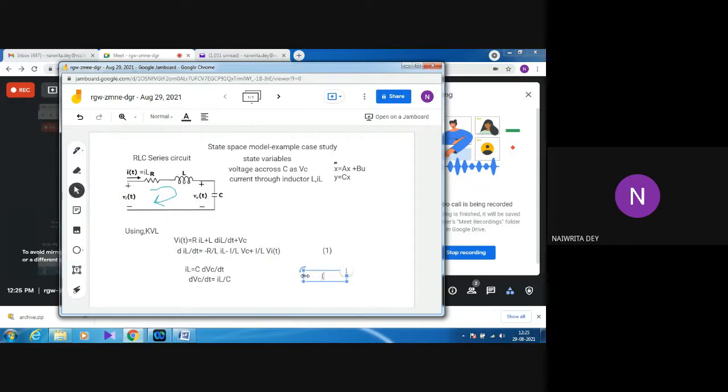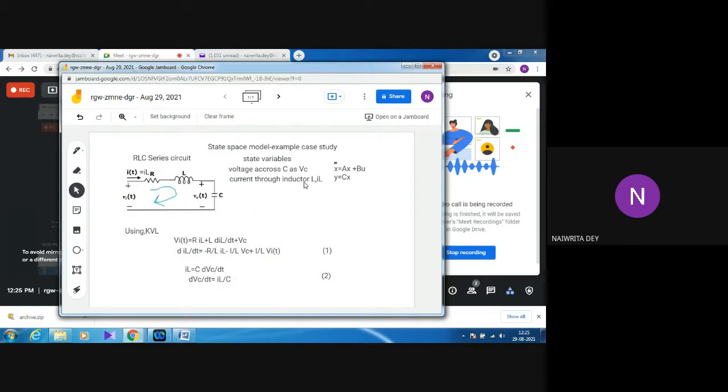Now from equation number 1 and equation number 2, I will try to write down the matrices. What variables have I chosen?